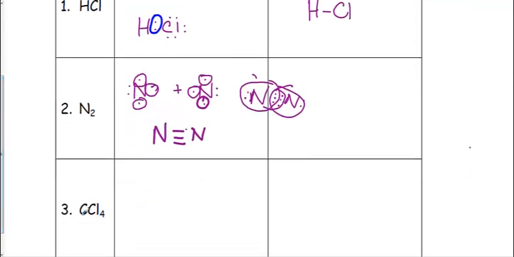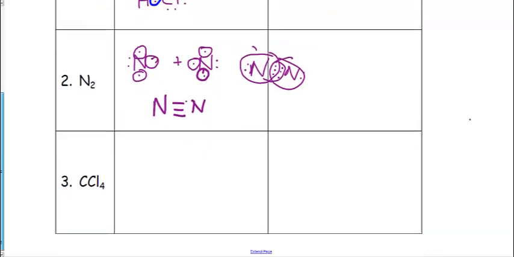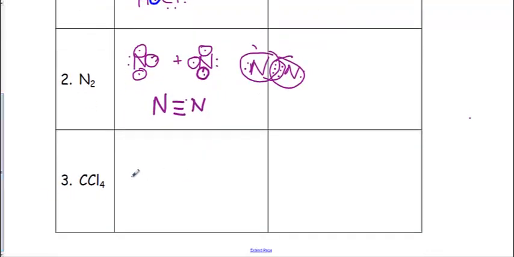3. So we have CCl4, and the least electronegative atom here would be carbon, so that would be the center. But let's just draw out their dot diagrams first. Carbon has 4. I'm going to do it this way to make it a little easier. And then we have 4 of these chlorines, 7.